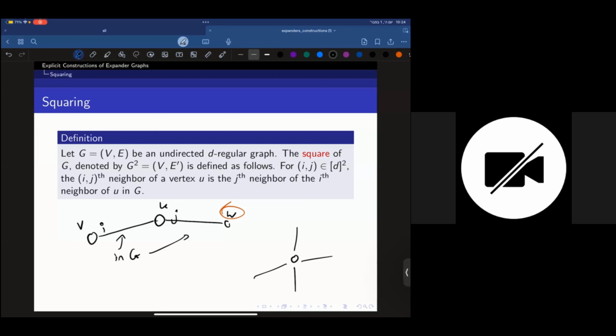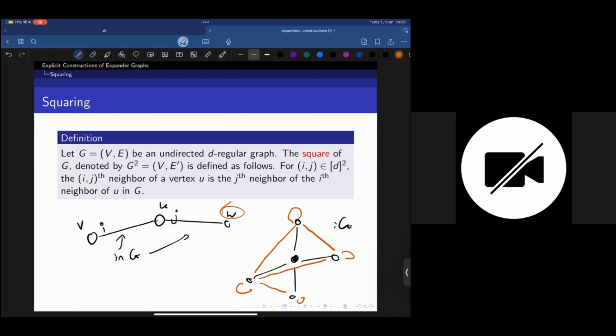Then, the neighbors of a vertex, so I'm looking at G here, are some D vertices here, and due to that vertex, you are going to have an edge between every two vertices here, including themselves.